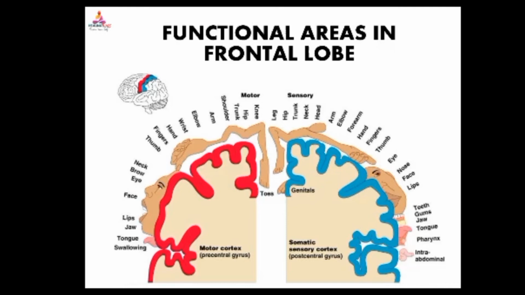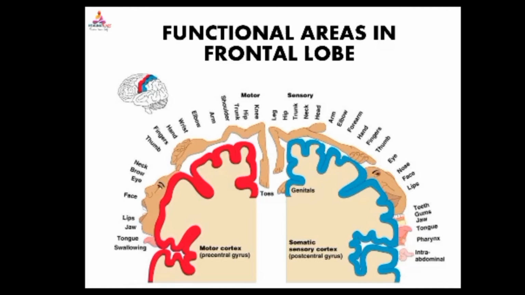Further, there is disproportionate representation of the individual parts. The area of cortex controlling a particular movement is proportional to the skill involved in performing that movement and not to the bulk of muscle participating in the movements.